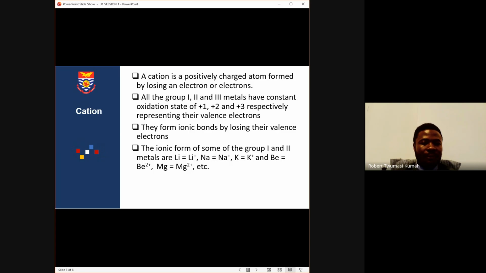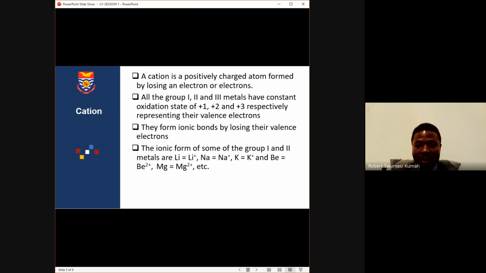The interesting thing is that some of the groups directly indicate the number of electrons that are lost, or the number of electrons in the valence shell of the atom.